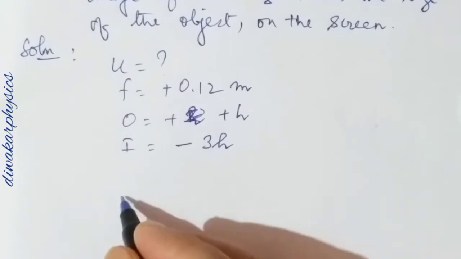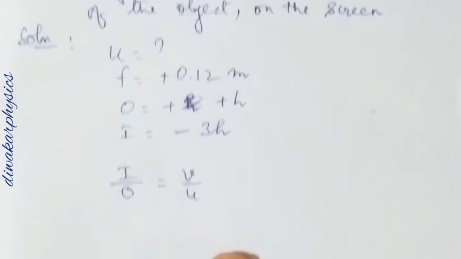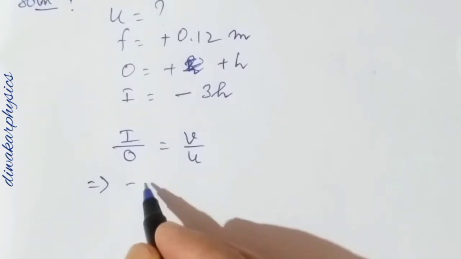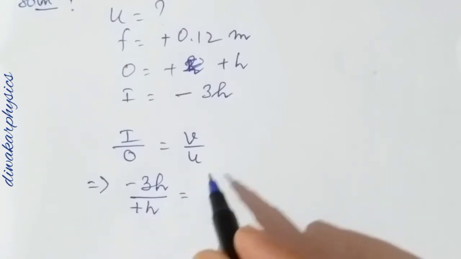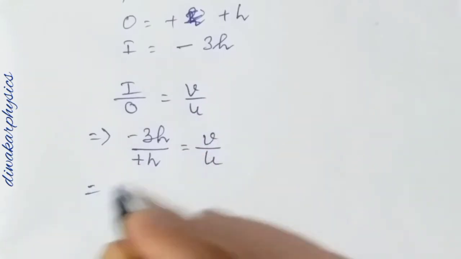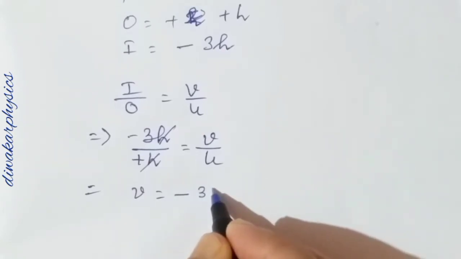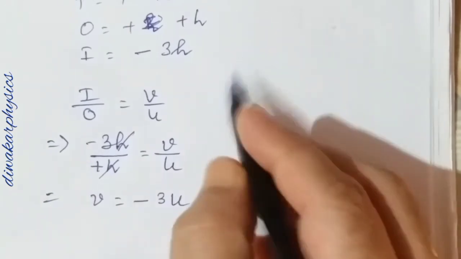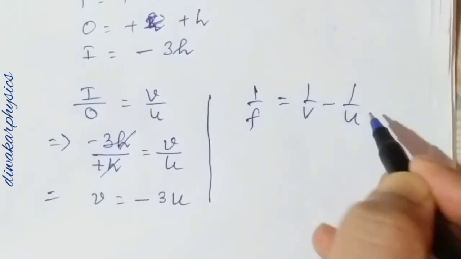So we'll use the formula I by O is equal to v by u, the formula of magnification. Then I is minus 3h, O is h, v and u you don't know. Then v is equal to minus 3u we have got. Then we can use the formula 1 by f is equal to 1 by v minus 1 by u.